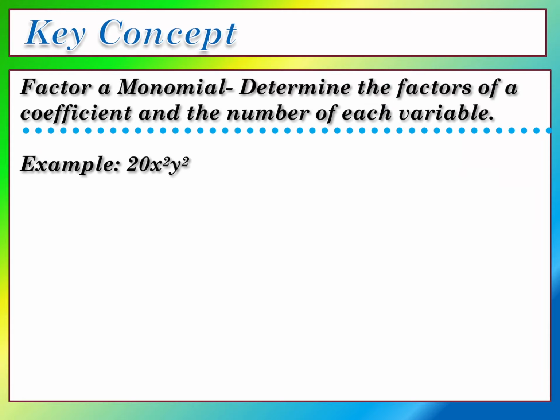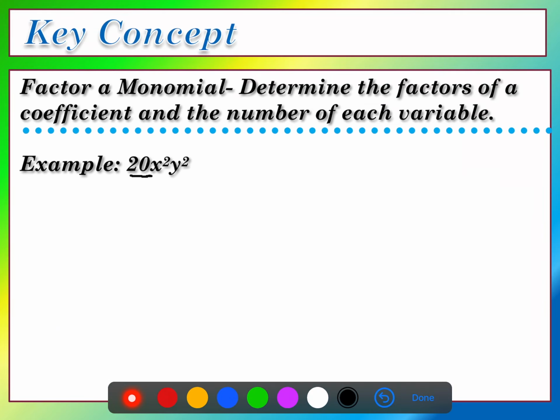So I'm going to show you how we get the coefficient to be factored. We're going to do it all out by hand, and then in the future we're going to start to do it in our head. So really what we're doing with our coefficient is we're making a factor tree.